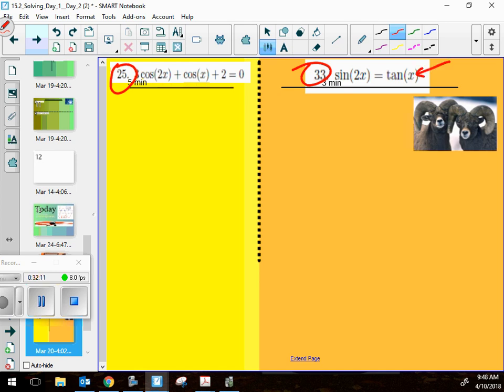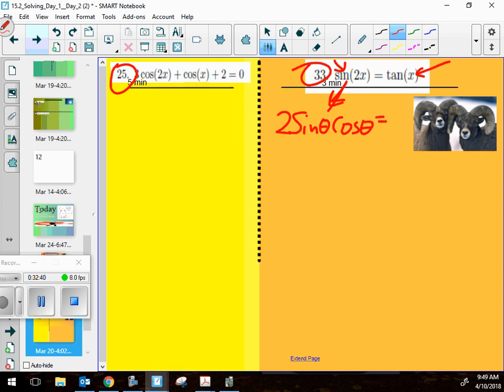So what is tangent really? Sine over cosine. And sine, yeah, that one memorized. I told you a second ago, it's one of the ones on the AP test, so you should probably know it. Nope, that one's the one you're thinking of, sine squared. This is sine of 2 theta: 2 sine cosine. Memorize that one.